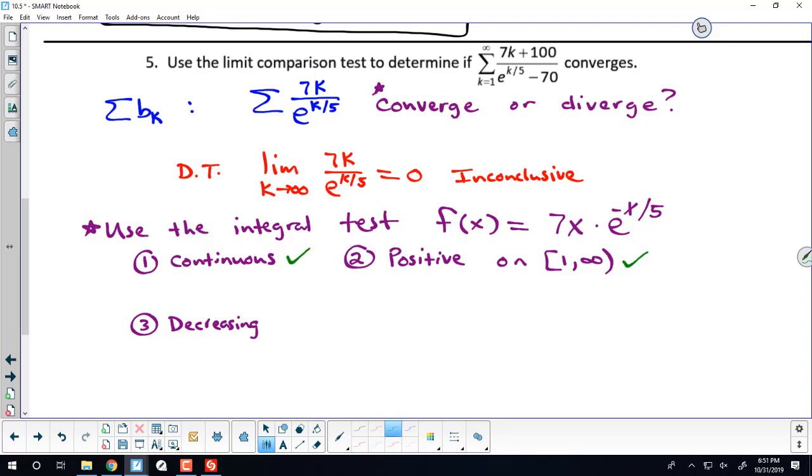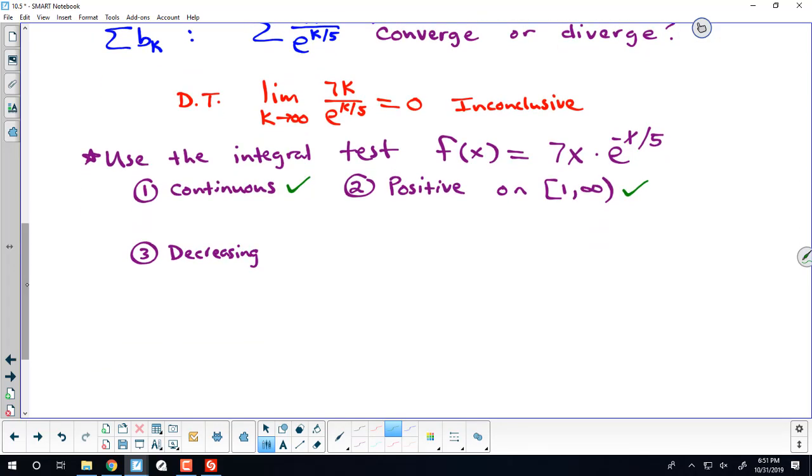Is it decreasing? Yeah, how do we show that it's decreasing? We could say, all right, well, the terms 7x over e to the x over 5 approach 0, which means the terms are getting smaller and smaller. So the limit as x approaches infinity of 7x over e to the x over 5 equals 0.